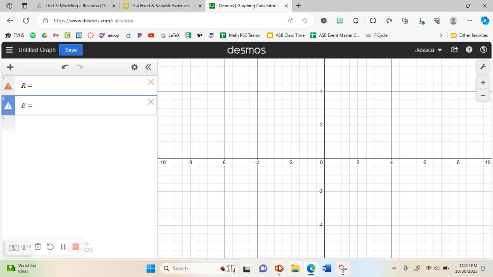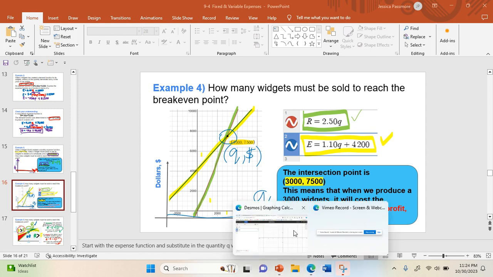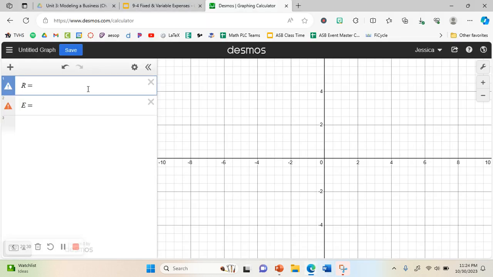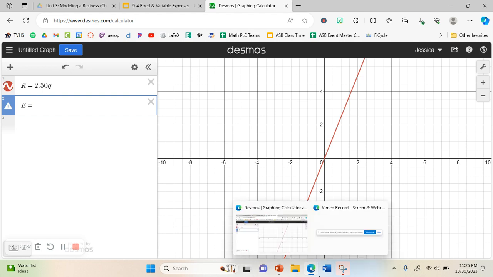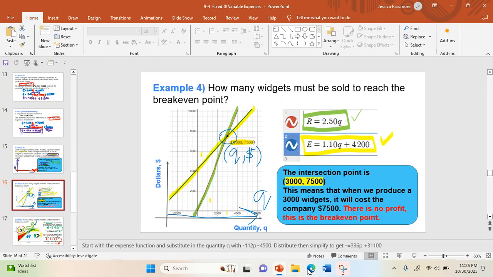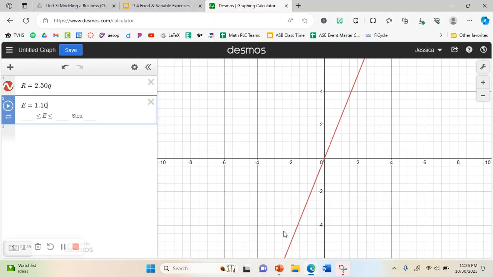I don't remember what they are, but I can go back and look. Revenue was $2.50, so R is 2.50Q. And our expense function was 1.10Q plus 4200.